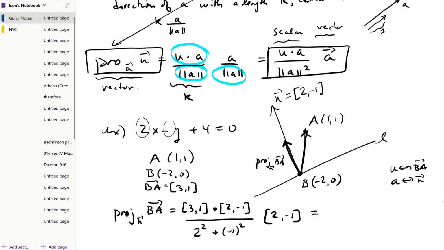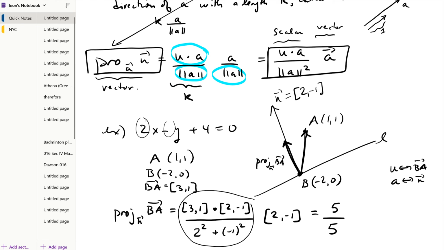So I need to simplify this here, obviously. The dot product at the top is 3 times 2, 6, plus 1 times minus 1. So 6 minus 1, 5. And at the bottom, 2 squared is 4, and 1 squared is 1. So 4 plus 1, 5.